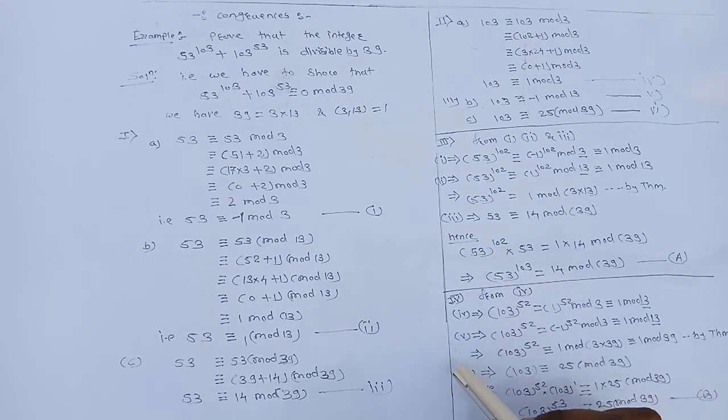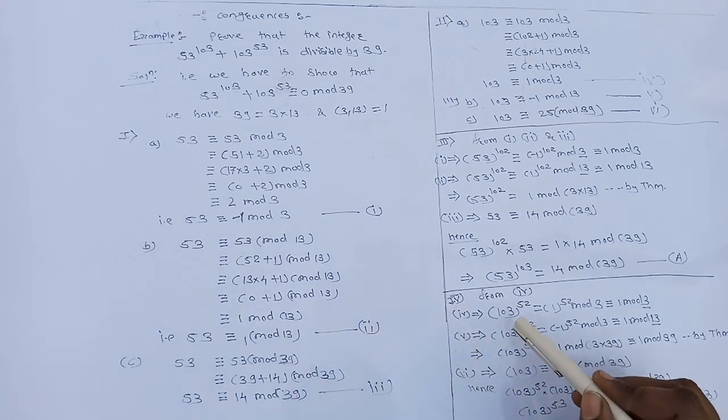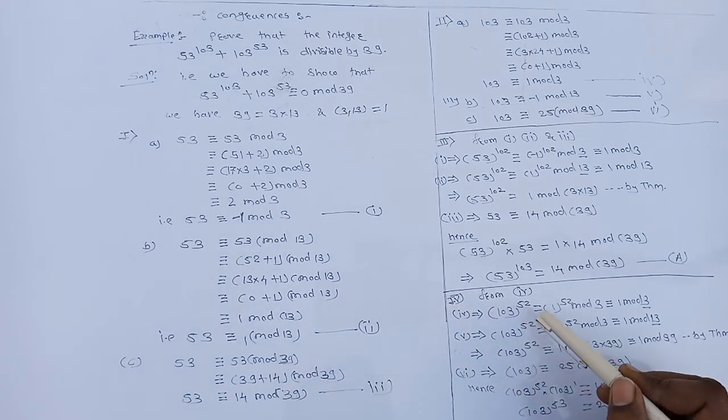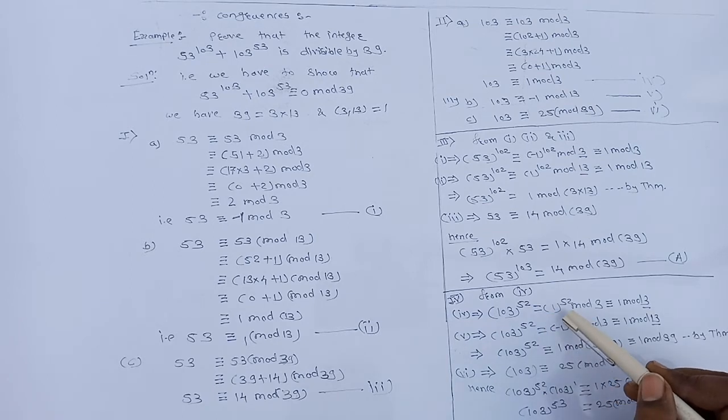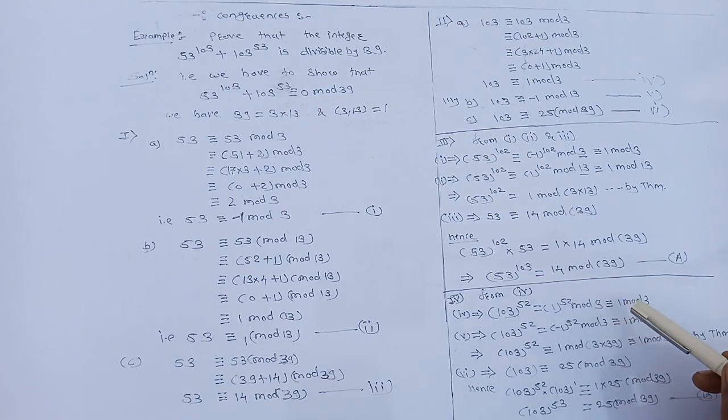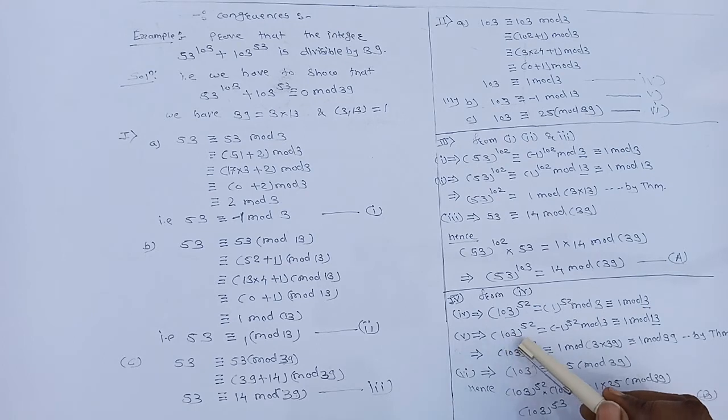Similarly, the fourth part of this example: 103 raised to power 52 is congruent to 1 raised to power 52 mod 3, and 1 raised to power 52 is 1, so this is congruent to 1 mod 3. Similarly, 103 raised to power 52 congruent to minus 1 raised to power 52 mod 13, congruent to 1 mod 13.